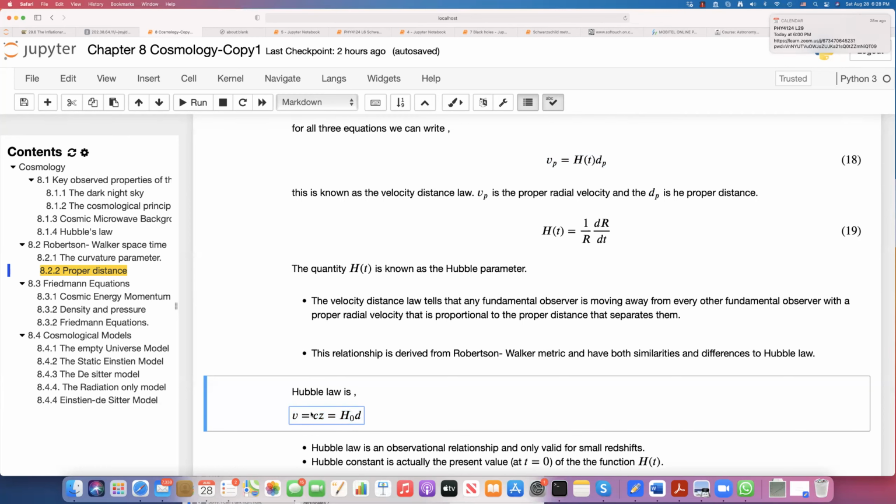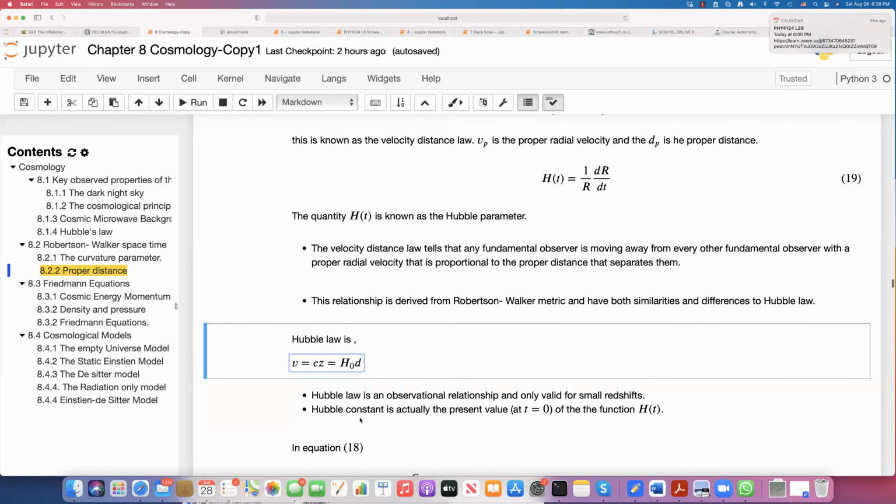Because what Hubble did was he measured the distances to each and every galaxy that is nearby, and then took the spectrums and looked at the spectrum to find the redshift, which he can convert to a velocity, right? Then he plotted all these things in a graph where his x-axis was the distance and the y-axis was the velocity or the speed, right? Then he got this nice linear relationship, and the gradient of that graph was what we called the Hubble constant, right?